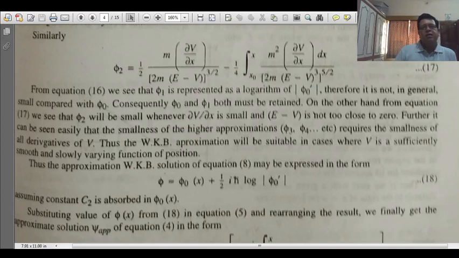It can be easily seen that this gives the smallness of the higher approximations.